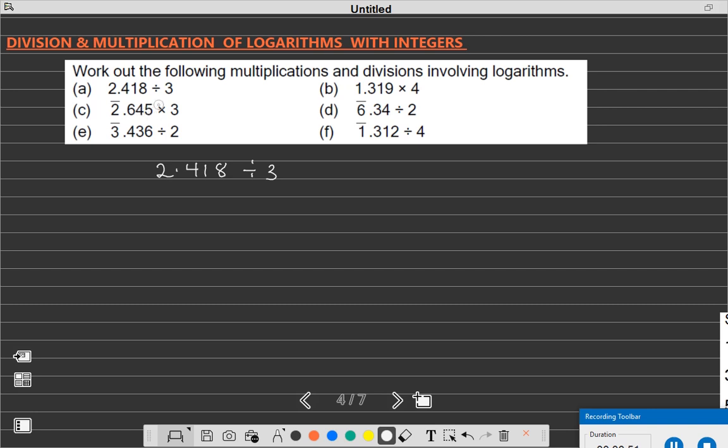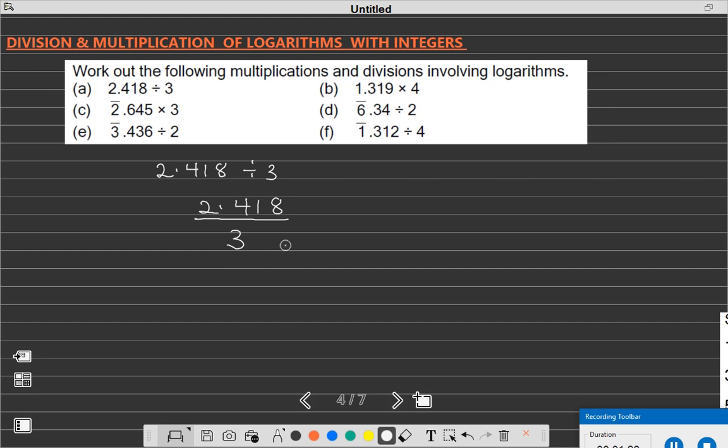So let us do these simple examples, and at the end of this, I will leave a simple exercise for you to try. So here we are going to have 2.418 divided by 3. Now, this one being positive, there is no big difference.